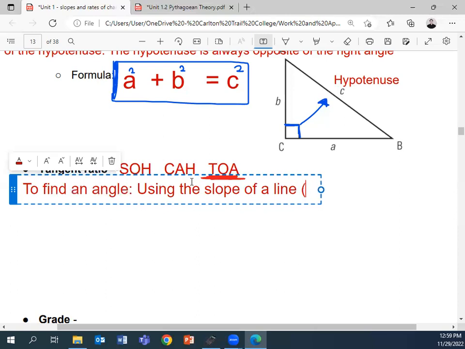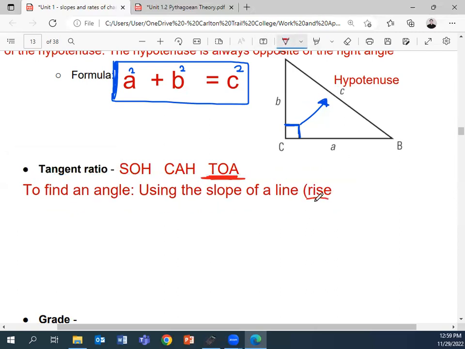And remember, the slope is rise over run, right?